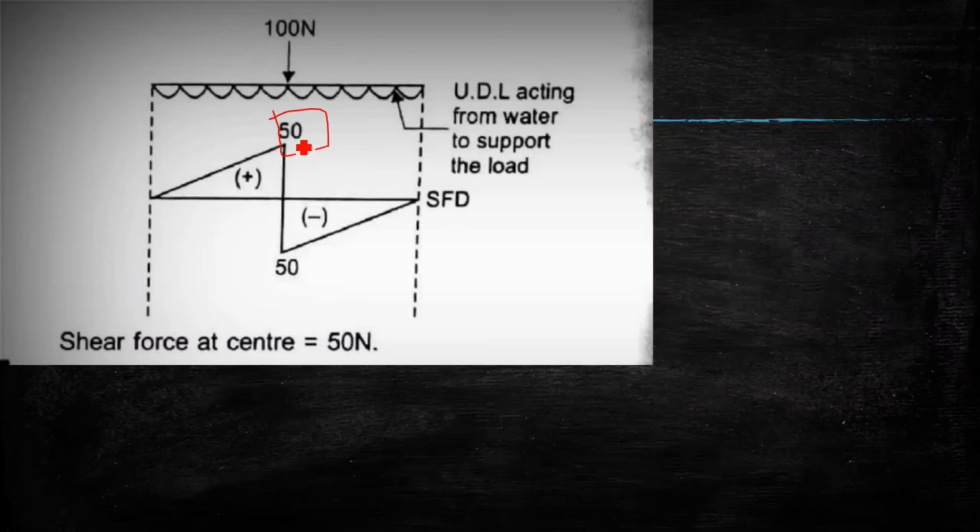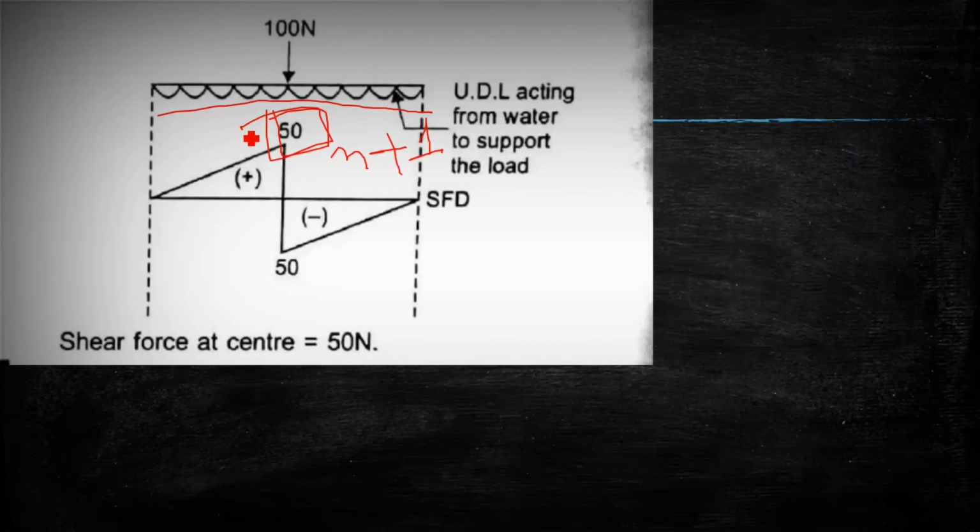So it is increasing at a linear rate. Sorry, if the load is an n degree curve, the shear force will be n plus 1 degree. So the answer is 50 Newton at the center.